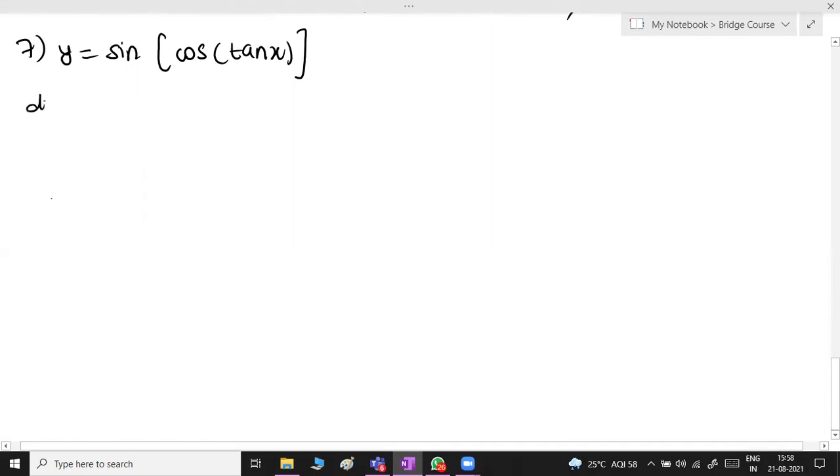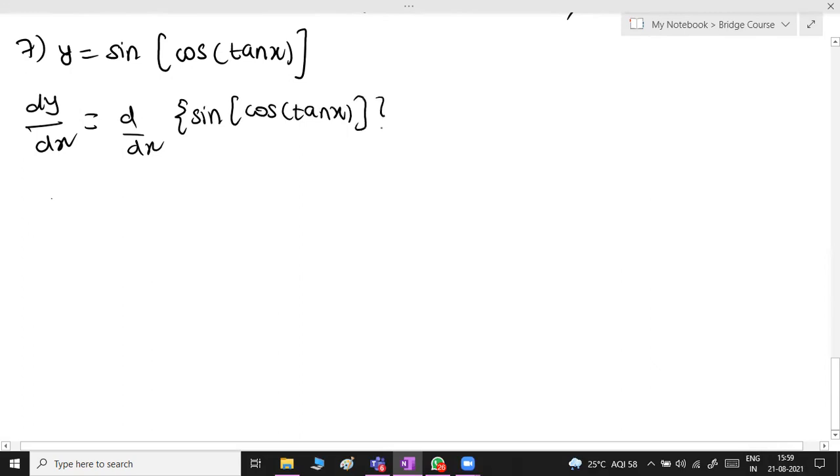So what I'm going to get, dy by dx is equal to cos of, first of all write the differentiation of sine of tan x. First, the differentiation of sine is nothing but cos. So cos of cos tan x.